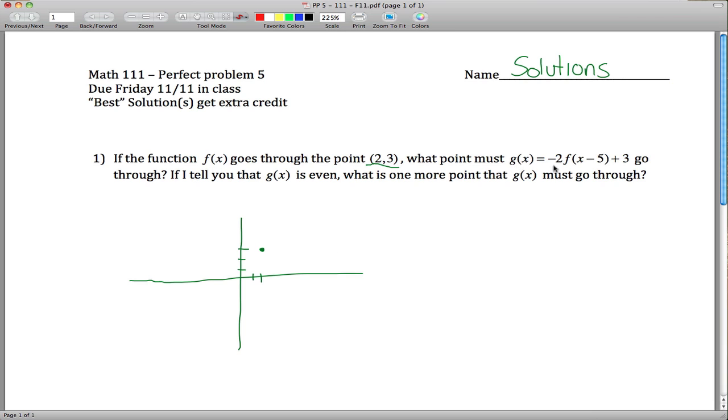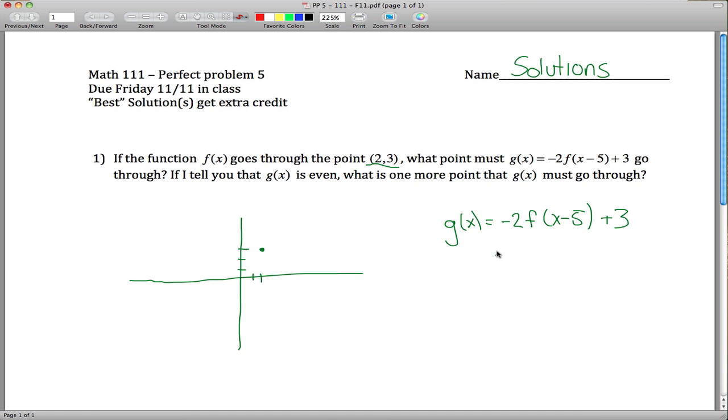But we do know some stuff about g of x. Actually, we know g of x in terms of f of x. So our goal is to find one point on g of x, and the way we'll do that is by tracking where this point goes when we do each of our different transformations changing f of x into g of x.